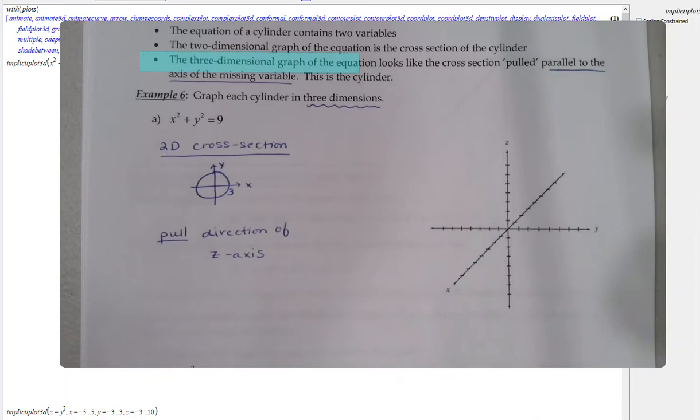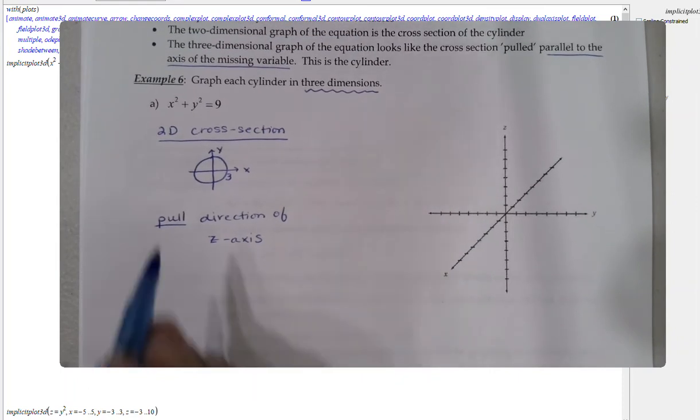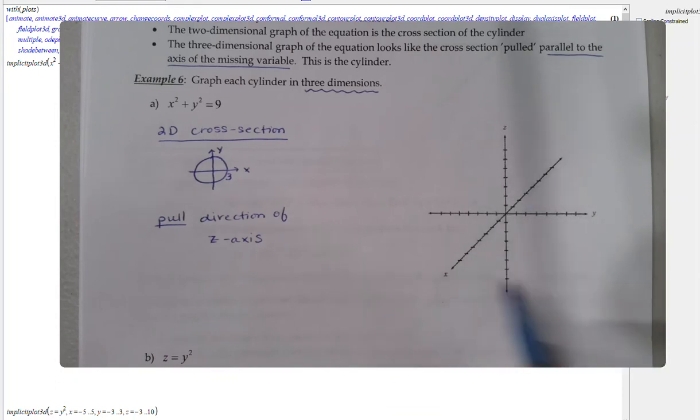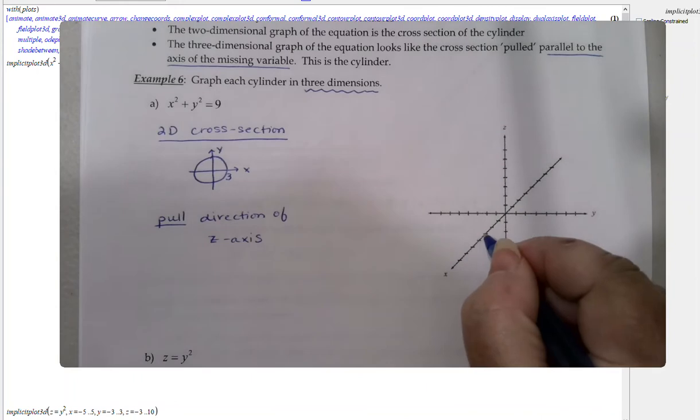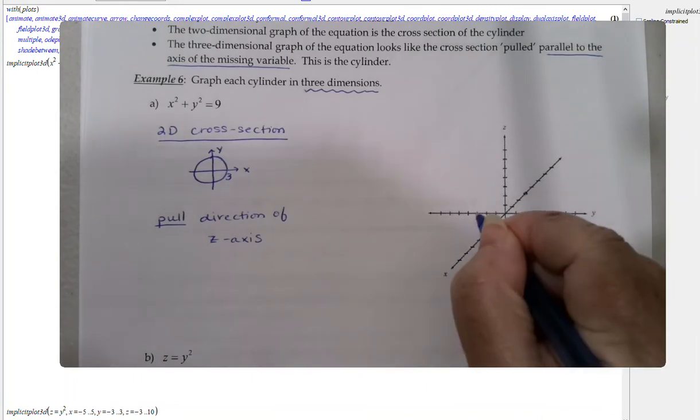All right, so let's give that a try. I'm going to take my circle of radius 3 in the xy plane and translate it over here to my 3-dimensional graph. So I would have x and y intercepts of plus and minus 3.